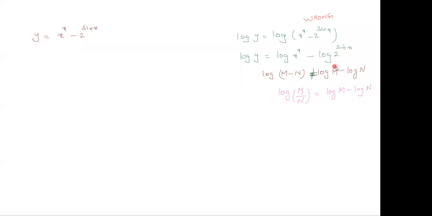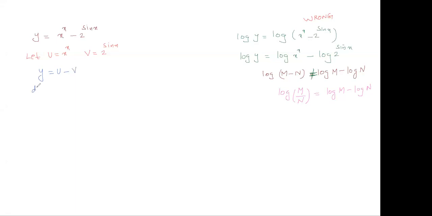Students make this kind of mistake many times in this type of question. So here you can't take the direct logarithm. What we will do is call the first function u and the second v. Let u be equal to x to the power x, and v be equal to 2 to the power sin x. Now your function becomes y is equal to u minus v.